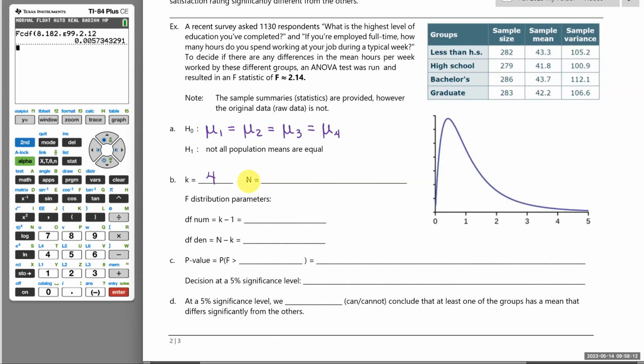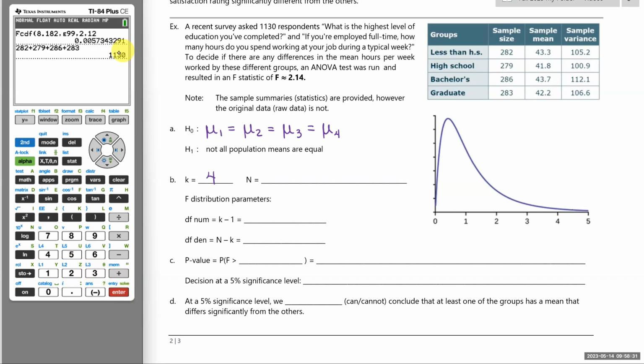Overall, in total, they do say 1,130 respondents, but I'm just going to check that. 282 plus 279 plus 286 plus 283 does indeed give me the 1,130 people that participated in the study. So that's where that capital N comes from.